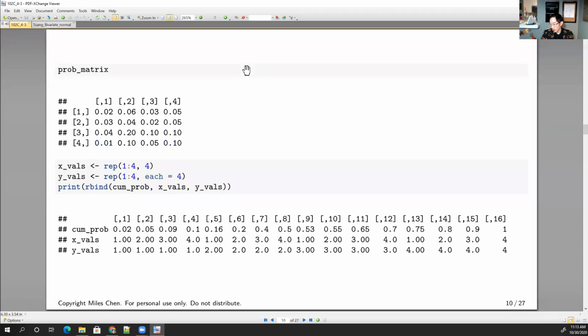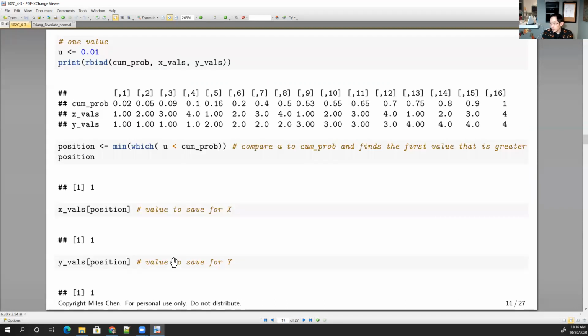Okay, and that's what I've got here. 0.02, 1, 1; 0.05, x is 2, y is 1; 0.09, x is 3, and y is 1. All right, and so this is my solution for going from u to x and y values.